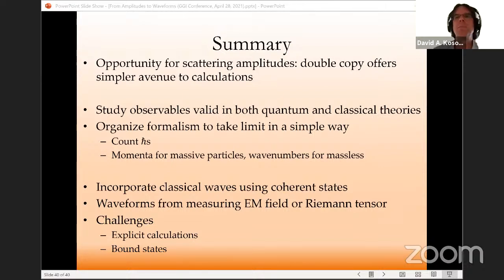And then this formalism in principle would allow you to incorporate effects that are the first quantum corrections beyond classical. But in the classical limit that we're interested in, they don't matter at any order in perturbation theory.